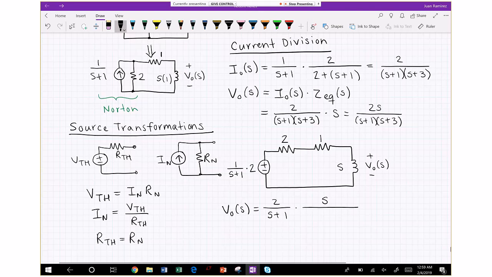So S goes in the numerator, and then in the denominator you add all the impedances that the voltage is across. You add those in series, so you add them together. Okay, so we end up with 2S over S plus 1 times S plus 3, which is exactly what we got up here in the previous one. Alright, so that means we did both of those correct.